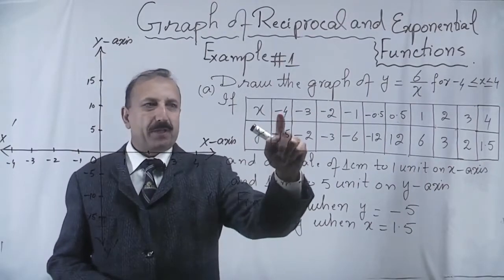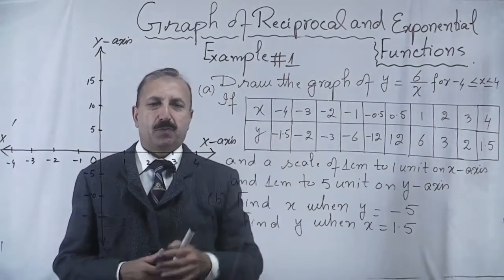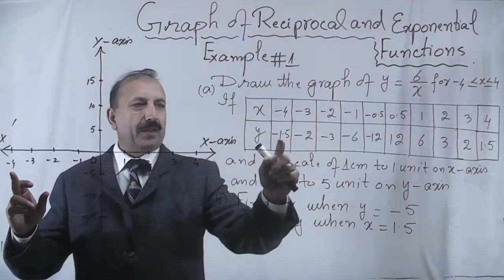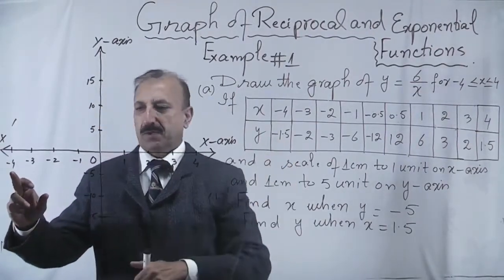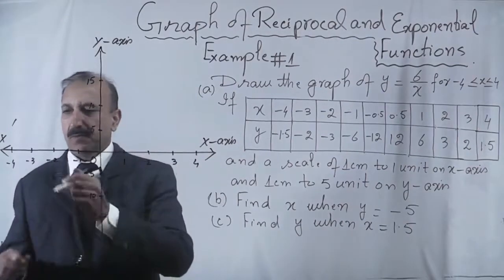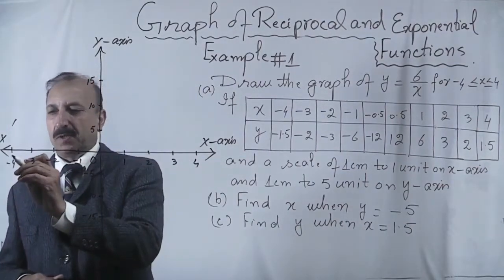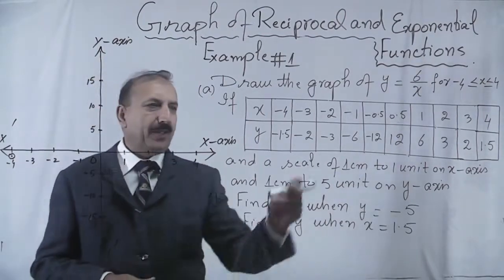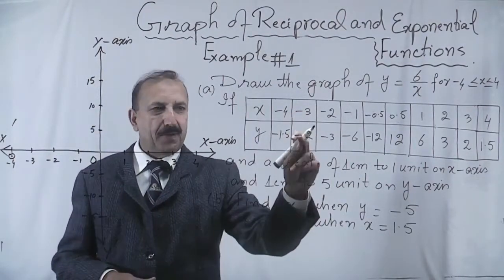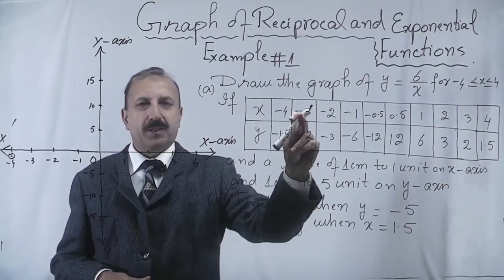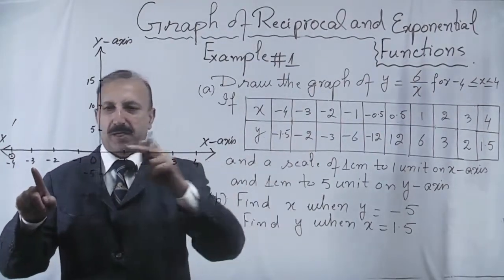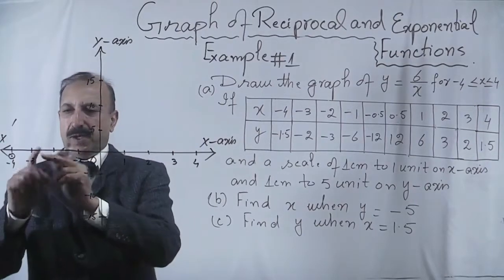Our first point is -4, -1.5: -4 along the x-axis and the value of y is -1.5. -1.5 is approximately here. And then -3 and -2: -3 along the x-axis, here is -3, and -2 along the y-axis, here is -2.